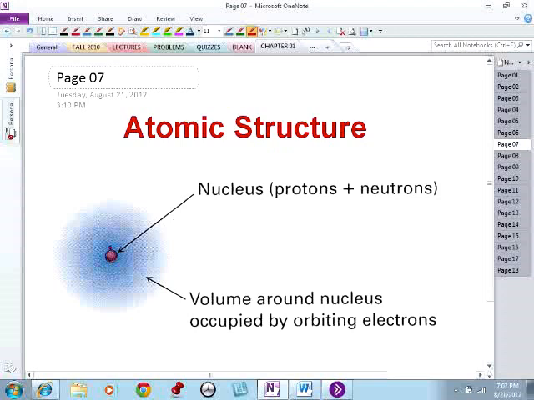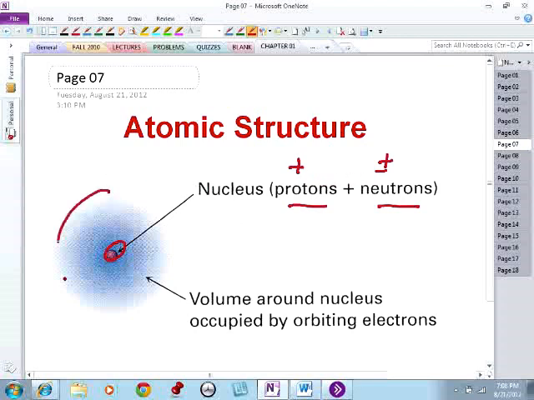A nucleus, right? And in the nucleus, what are the major components of the nucleus? Protons and neutrons. The protons are positively charged. The neutrons are neutral. So protons are positively charged. Neutrons, of course, are neutral.